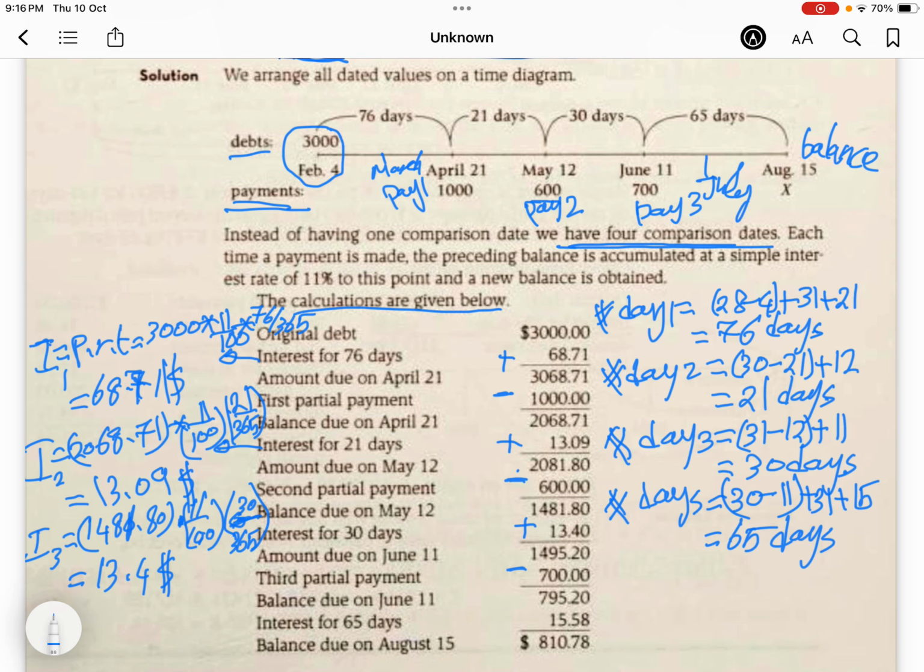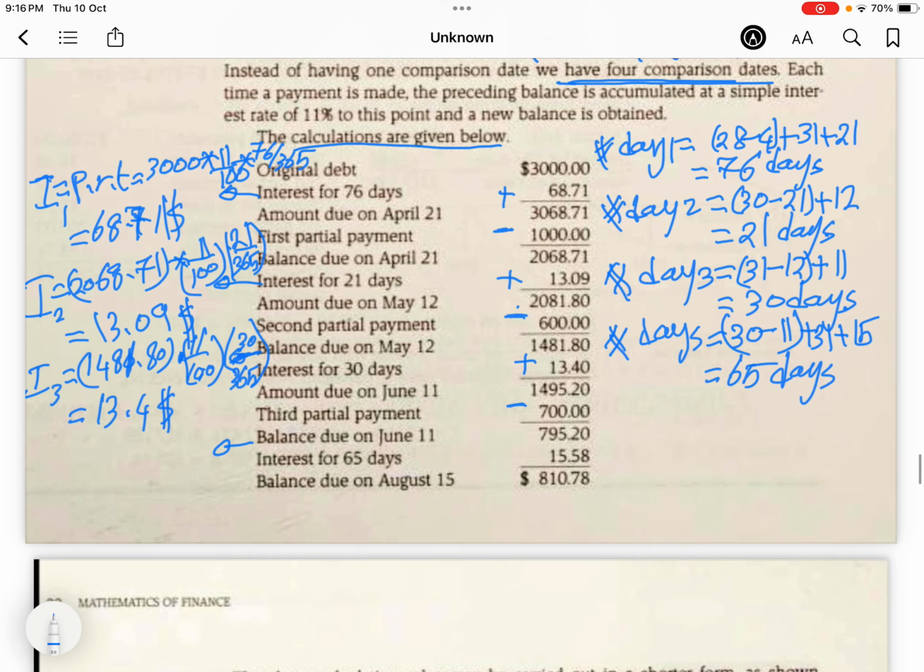Then calculate the interest I4. You will have 795.20 multiplied by 11 over 100 multiplied by 65 days over 365.